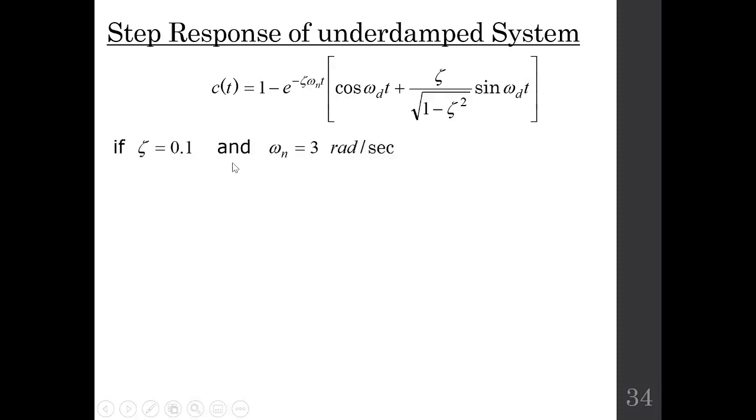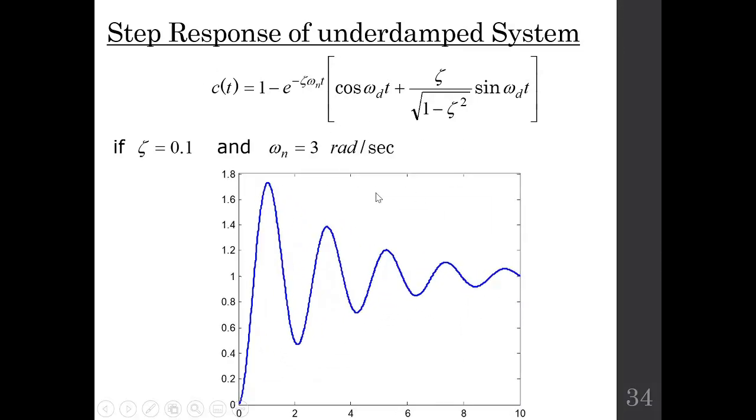So let us assume zeta is equal to 0.1 and omega_n is equal to 3 radian per second. By putting the values of zeta and omega_n in this equation, the step response is plotted here.